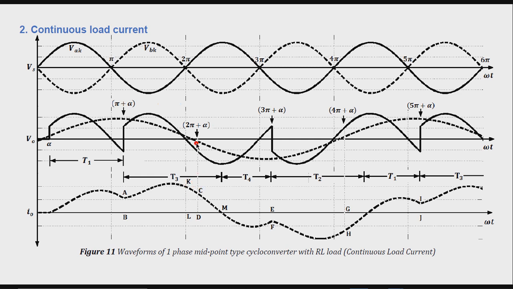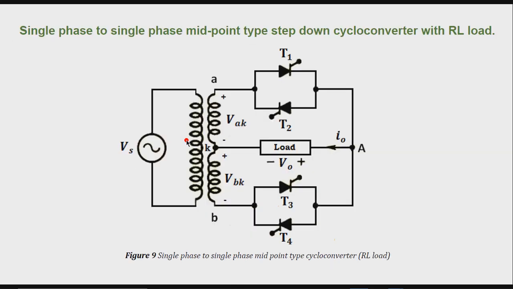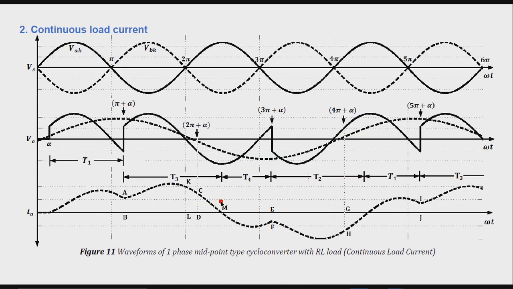After 2 pi, A is positive with respect to B, again a positive half cycle. But due to the inductive load, T3 will remain on till the current reaches 0.